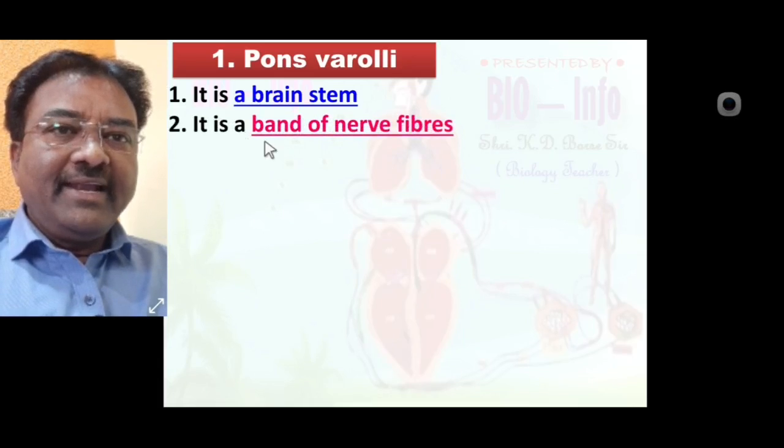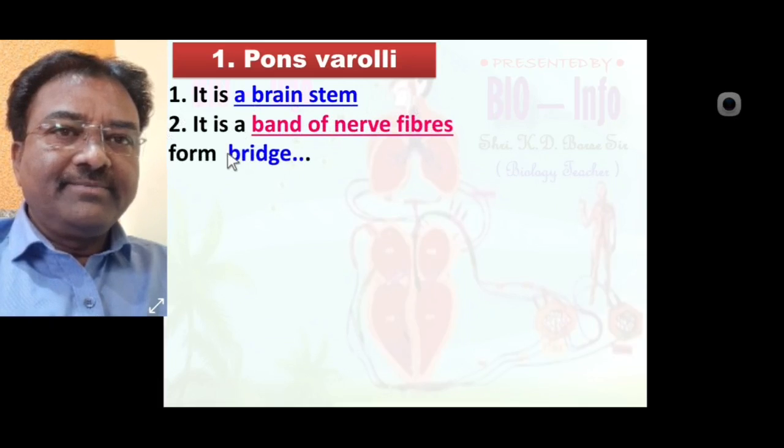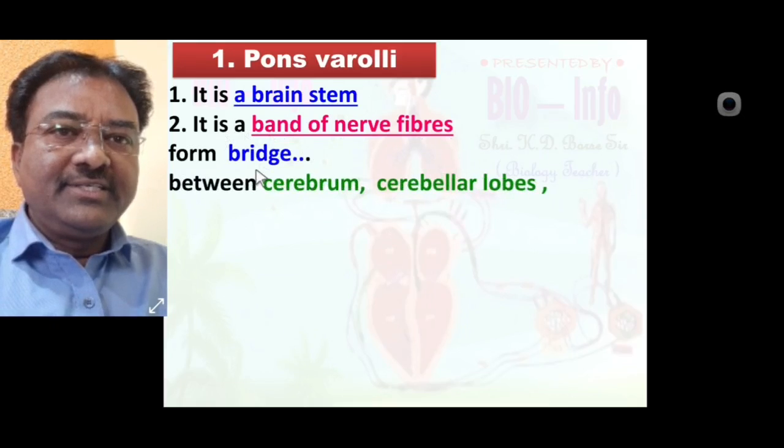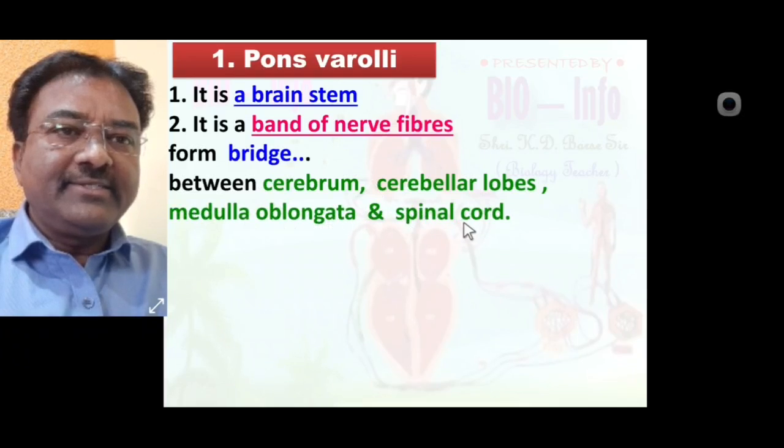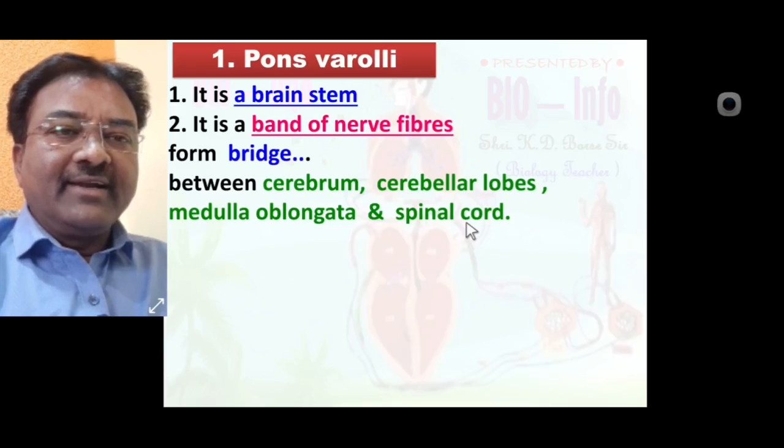It has a band of nerve fibers that form a bridge between cerebrum, cerebellar lobes, medulla oblongata and spinal cord.